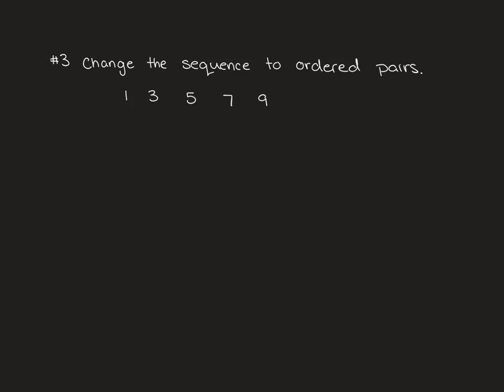Question 3 is going to ask you to change the sequence into ordered pairs. As you are filling out your ordered pairs, the first number is your term number, and so it's always going to just start at 1 and go up by 1. The second number in our ordered pair is going to be the term, which is the list of numbers that are in our sequence.